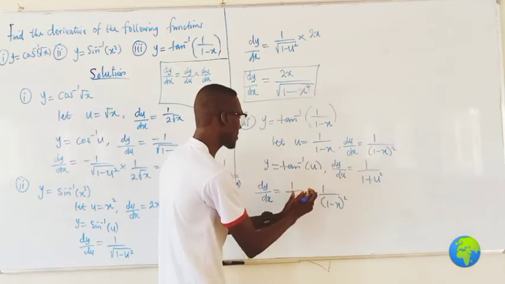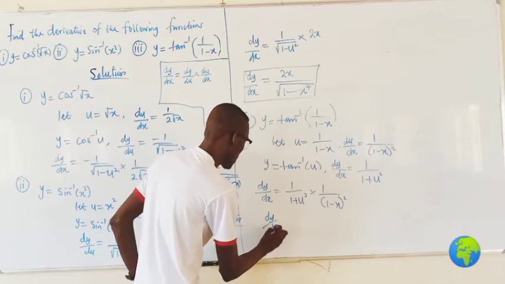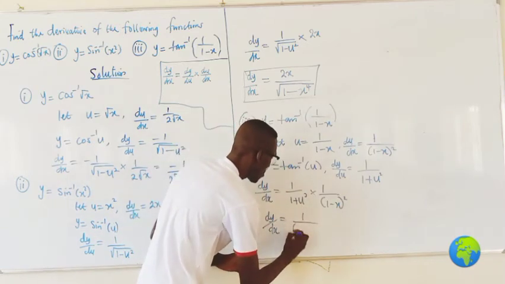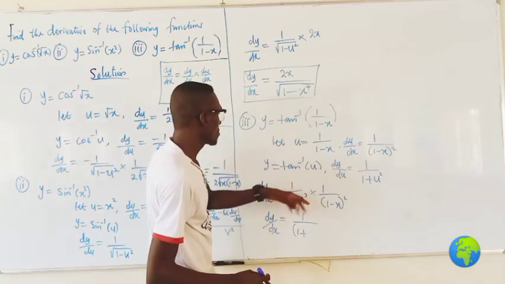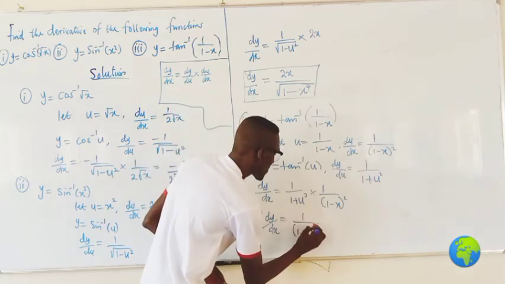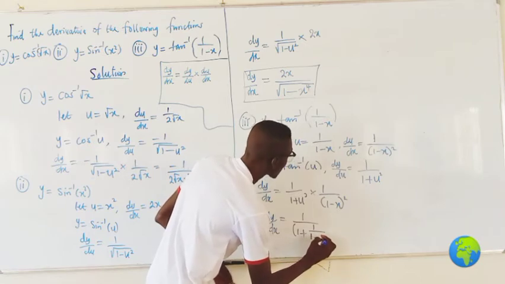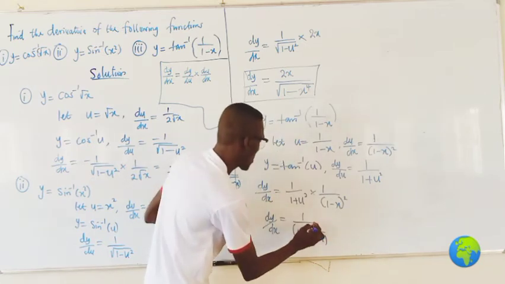So if you multiply this together, you are going to arrive with dy/dx equals 1 over, open bracket, 1 plus, instead of u squared, what did we say is u? We said u is 1 over 1 minus x. So I can just rewrite this inside, but everything here is squared.